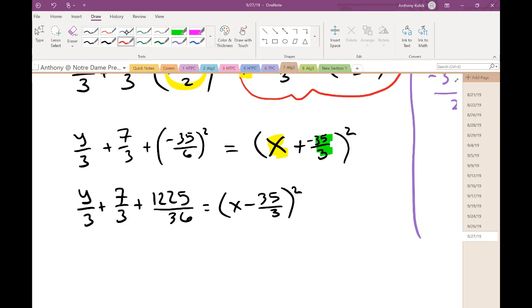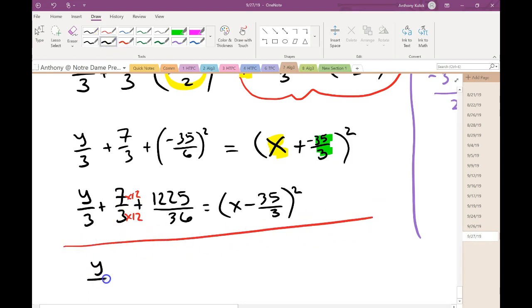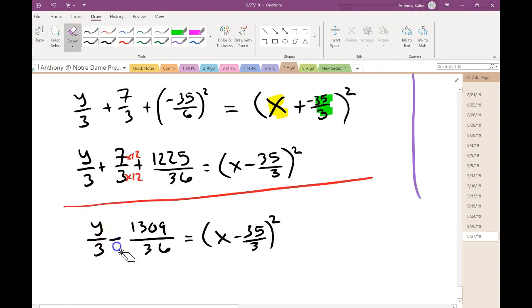To make that common denominator of 36, I have to multiply 7 over 3 by 12 over 12. 7 times 12 is 84, and 84 plus 1,225 is 1,309. And then that denominator, when we add or subtract fractions, stays the same. Believe it or not, that fraction doesn't reduce either. So none of these fractions have reduced so far. Trust me, I've checked.